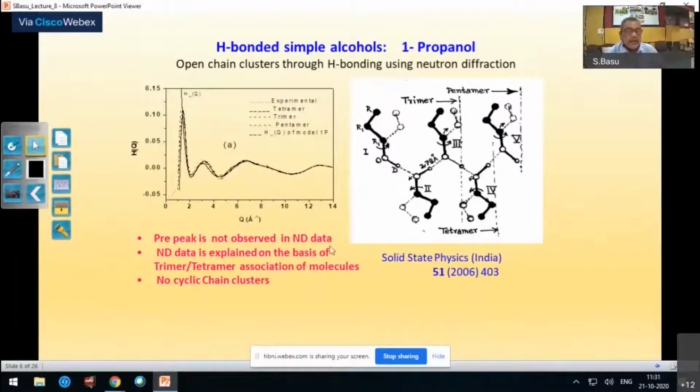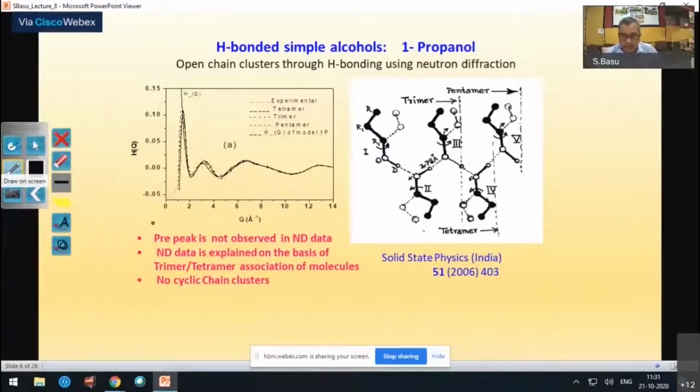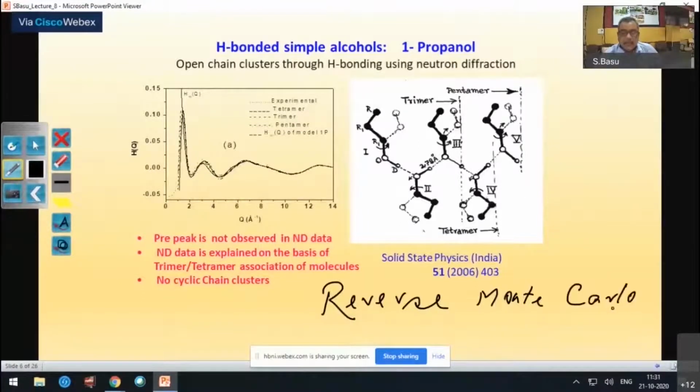I must mention that even in case of liquid and amorphous system, it is not always necessary to go from the Fourier space or Q space to real space by a direct Fourier transform, but there are other techniques. One of them is known as reverse Monte Carlo. Some of you are probably familiar with the Monte Carlo techniques where we can simulate a stochastic process using random numbers.